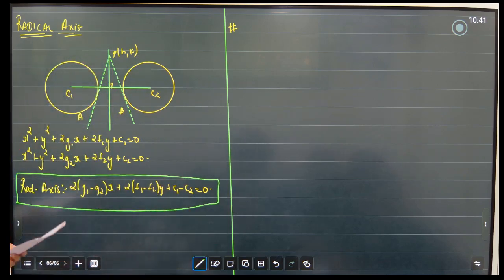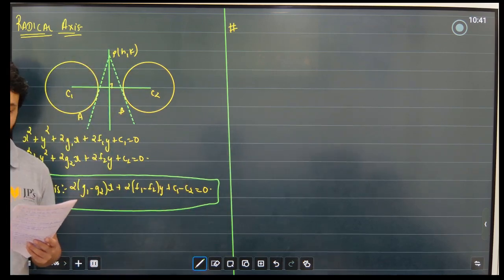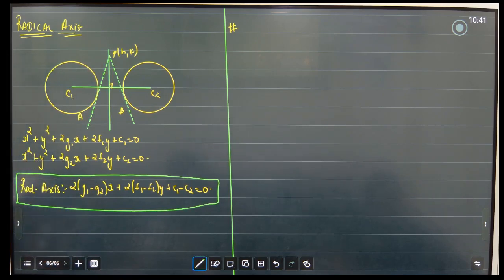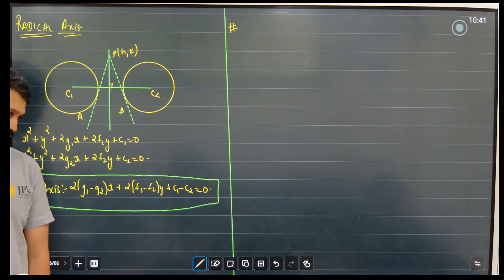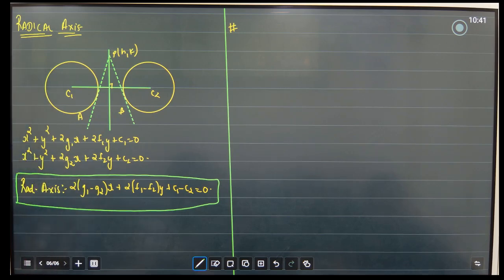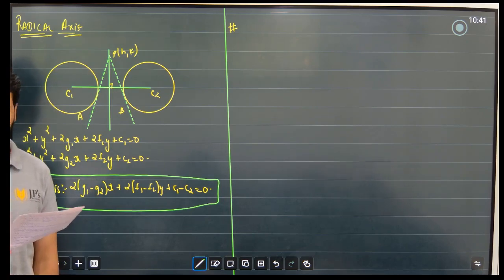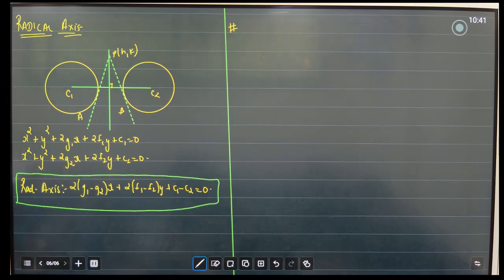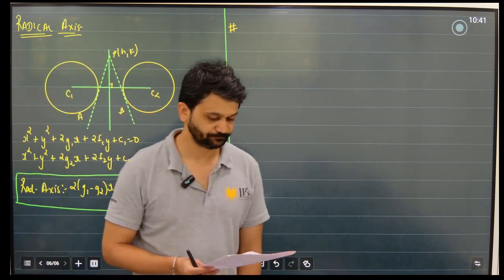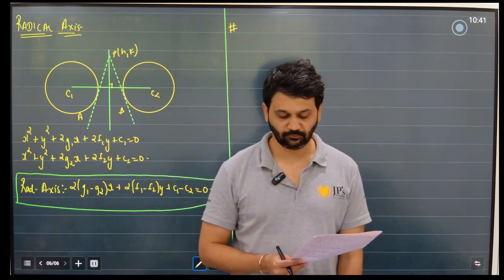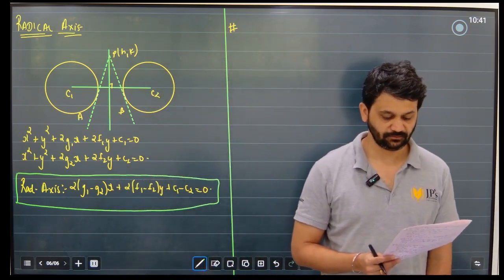Next point, write down. Radical axis is always perpendicular to the line joining the centers of the circles.